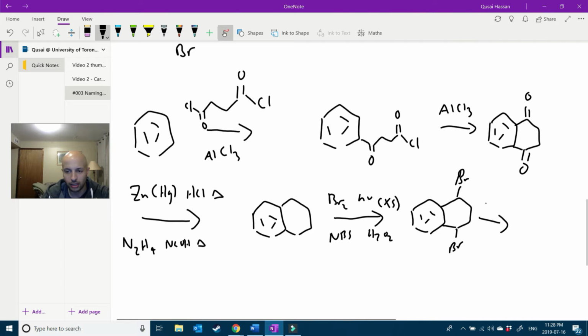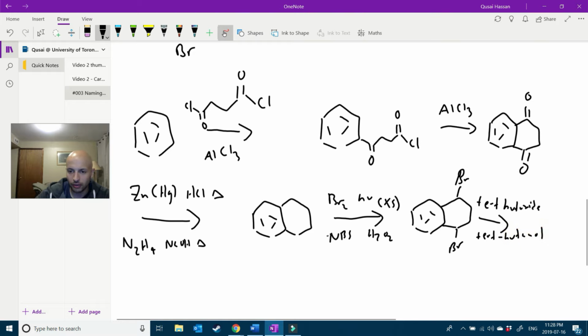And then from there, you want to do an elimination. Now, for the elimination, if you remember from your first part of organic chemistry, you could do tert-butoxide in tert-butanol, so that'll be our solvent.